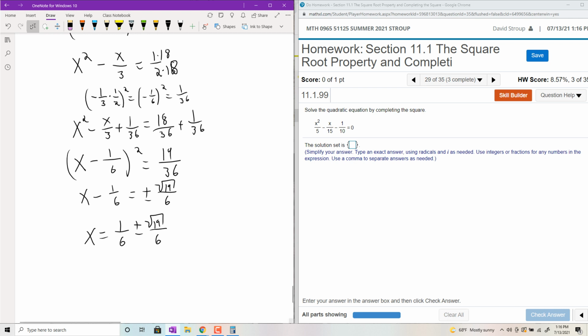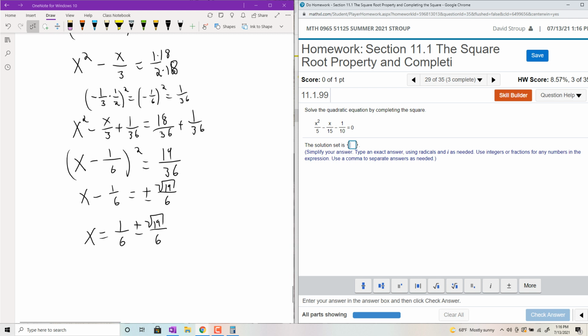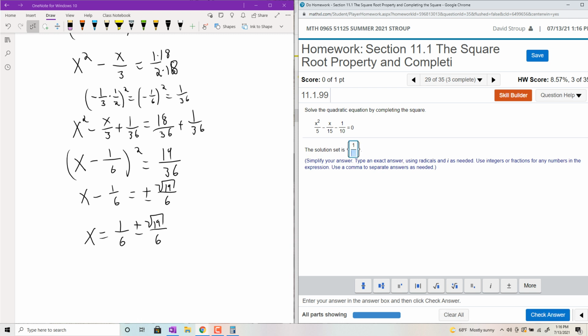So let's go ahead and type it in. Yeah, I don't think you're supposed to use the plus or minus thing here. You kind of have to put them in with commas. 1 over 6 plus, you have to go to the backslash, square root, 19 all over 6, comma, and then if you want to, you could always comma, then space apparently.